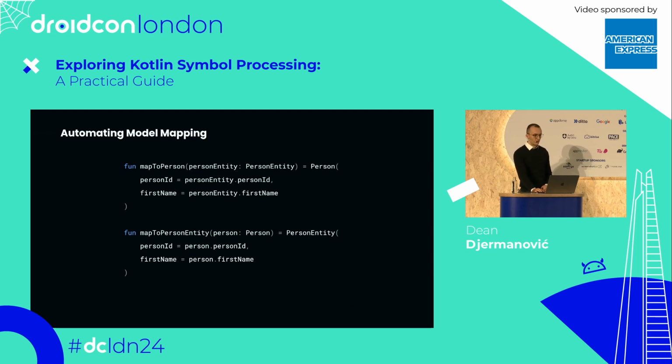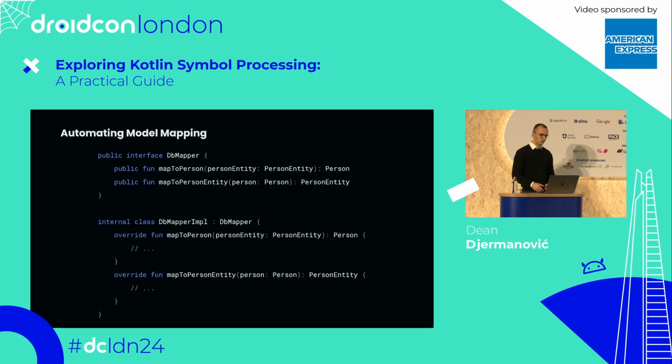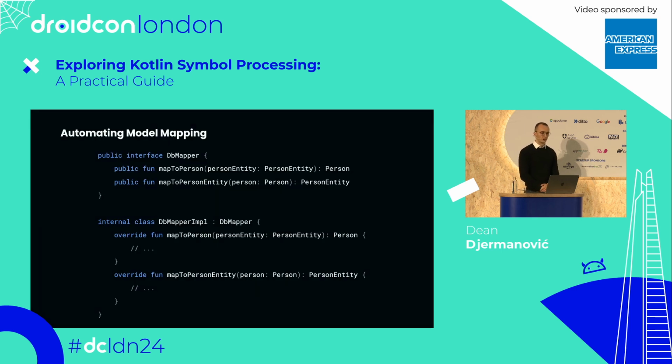Now, we don't want to have these mapper functions as top-level functions, but instead we want to hide the mapping logic behind an interface. So for that, we need a mapper interface component and a mapper implementation class, which implements the mapper interface. The mapper interface defines mapping methods, and the mapper implementation class implements these methods and contains the actual mapping logic.